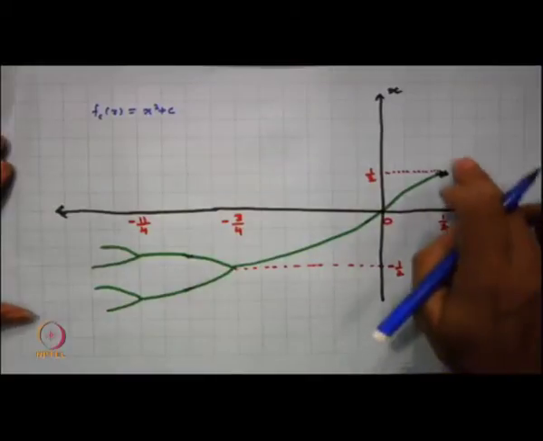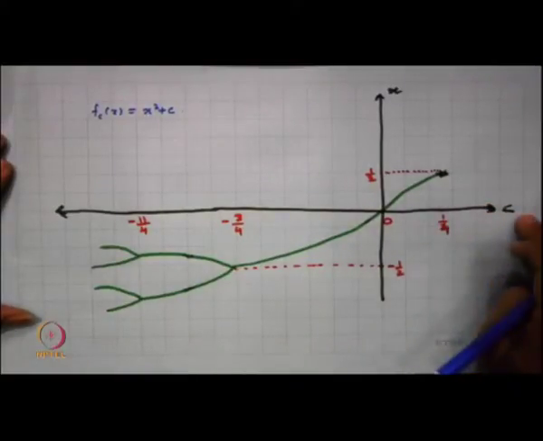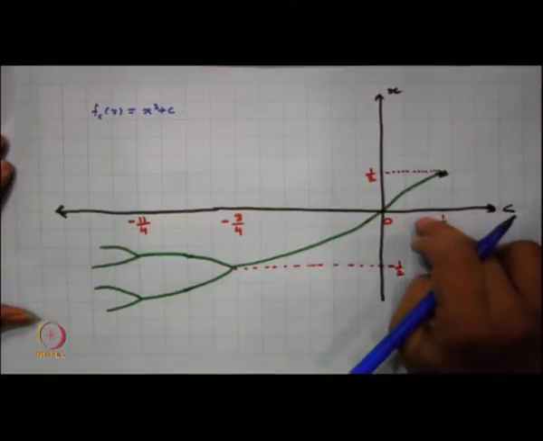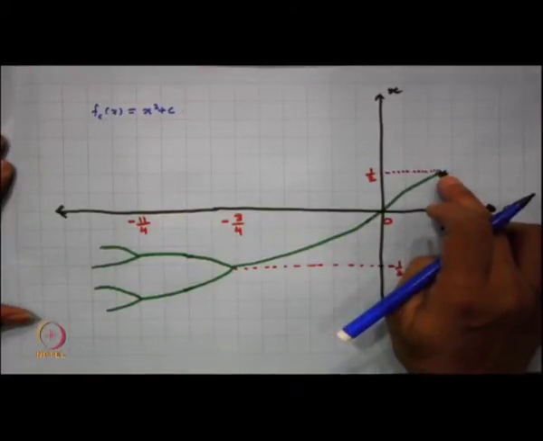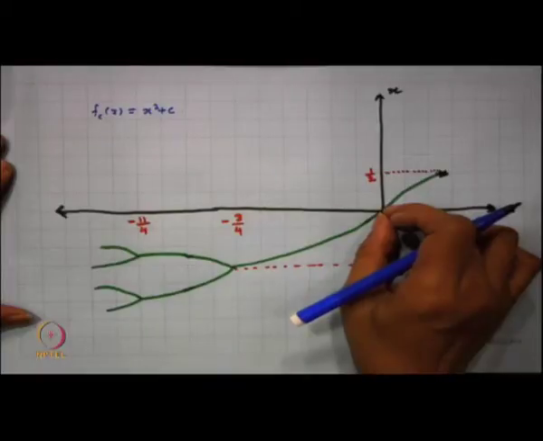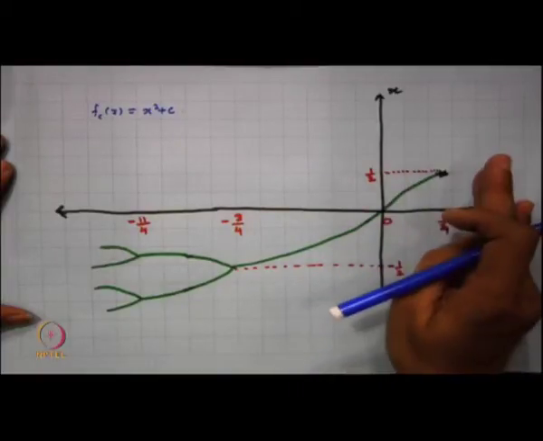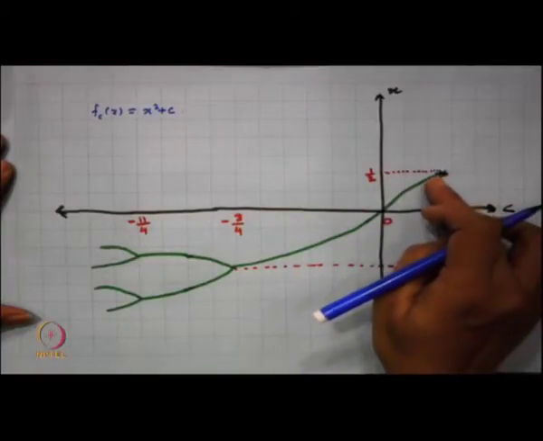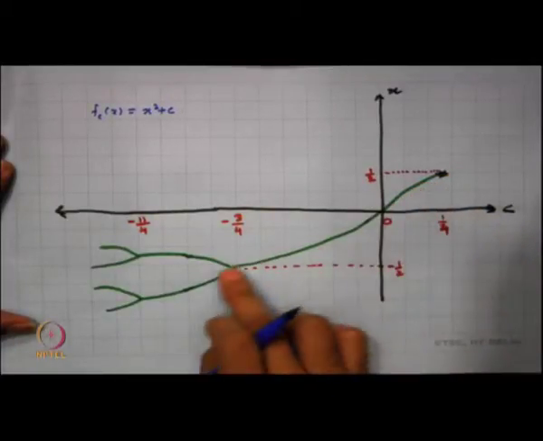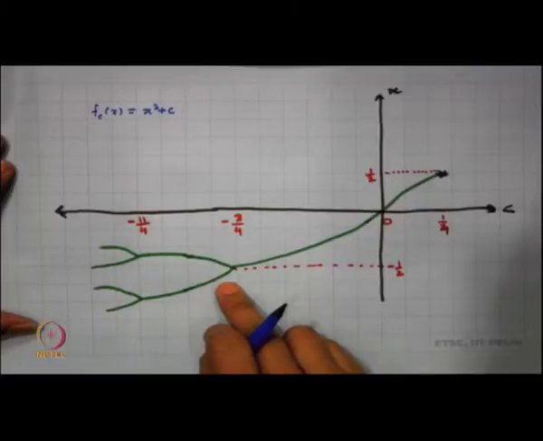What we find is that there is no periodic point for c greater than 1 by 4. When c is equal to 1 by 4, you get one particular periodic point, one fixed point basically. Either the orbits converge to this point or they diverge. So, you only find this particular fixed point, and that continues till you reach c equal to minus 3 by 4.